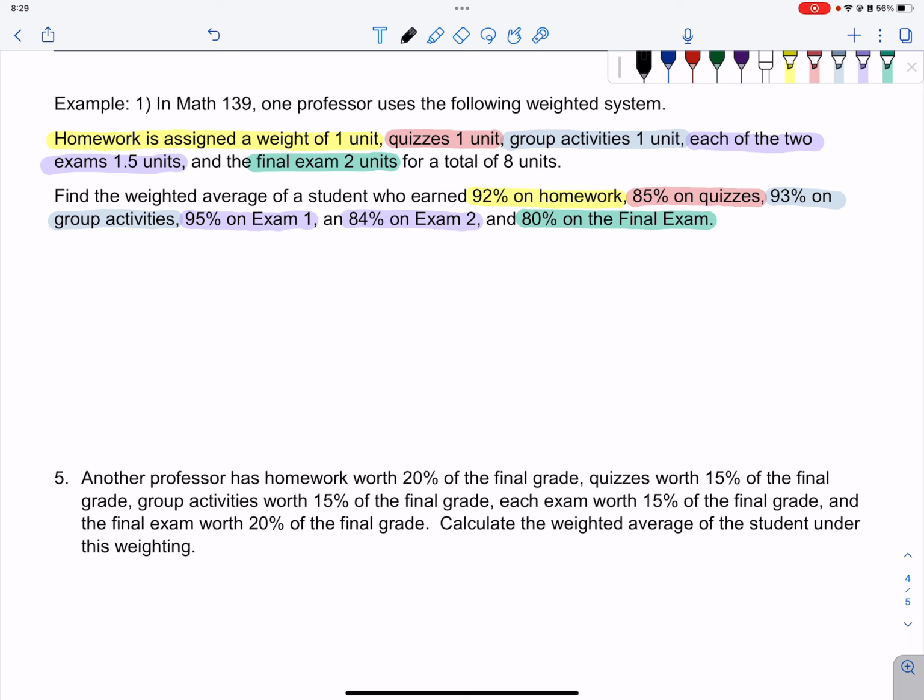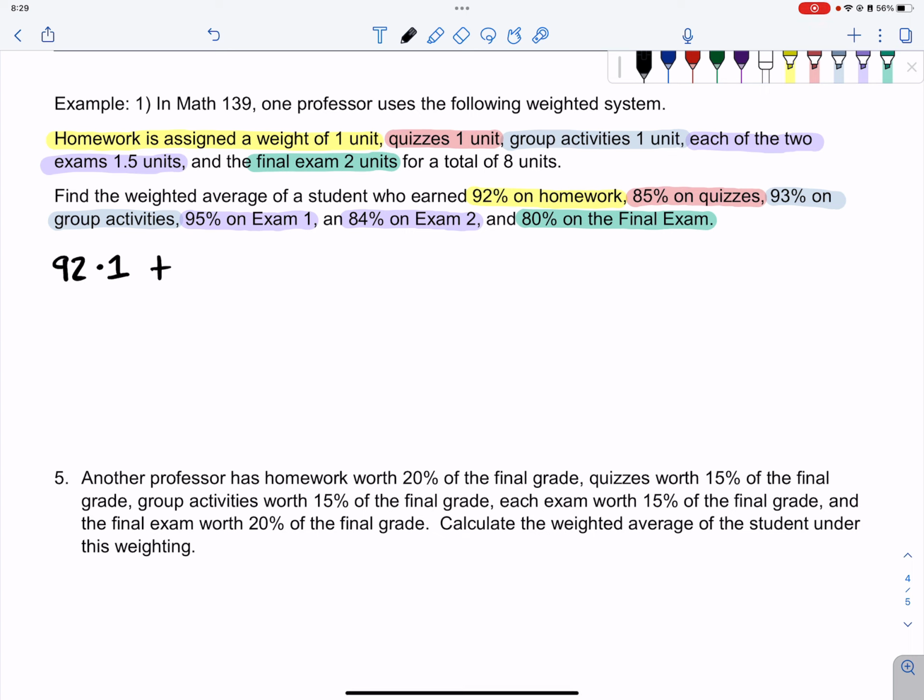Now, when they got a 92% on their homework, you can leave this in percentage form, or you can convert the 92% into a decimal. Whatever you choose, just make sure to stick with it, and your end result will be in that format. So 92% on homework is given a weight of 1 unit, so we would technically multiply this by 1.